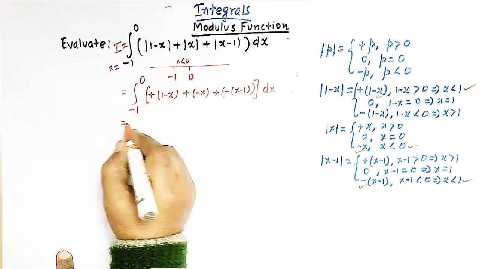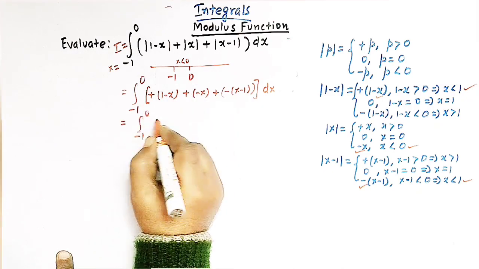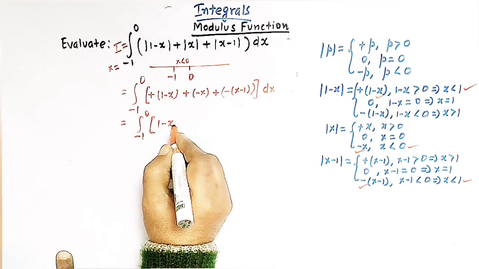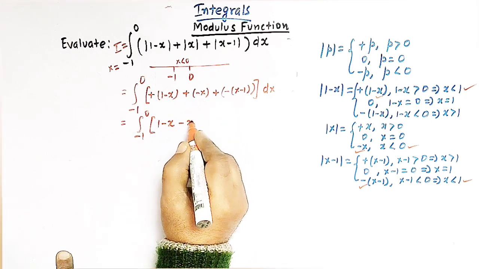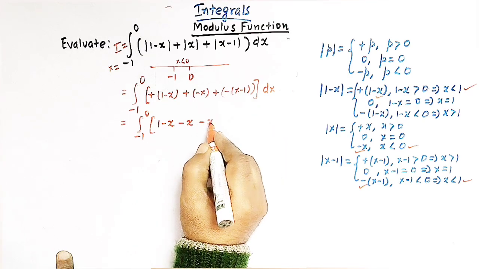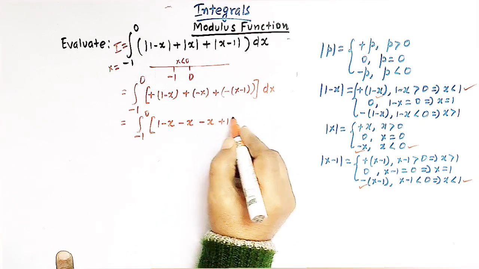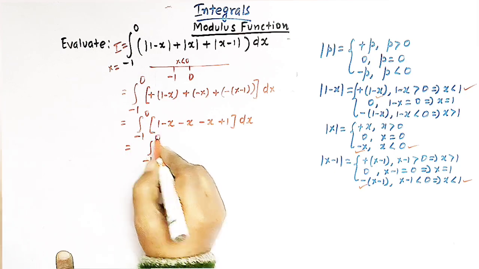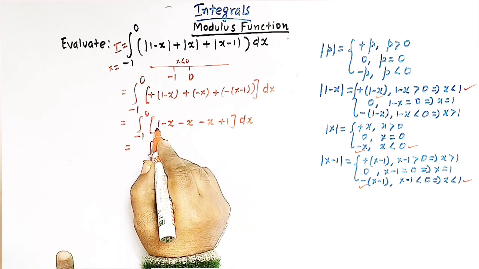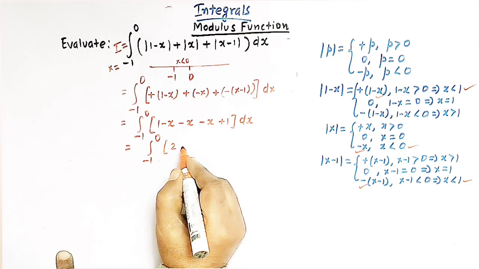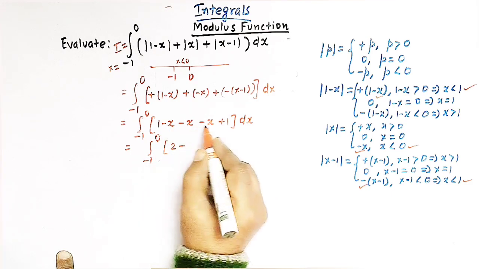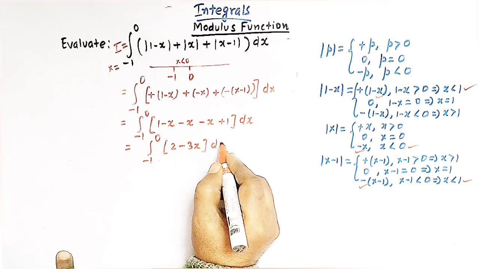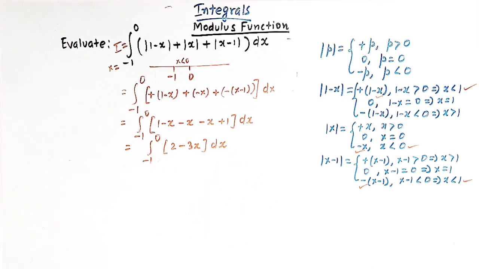So let us now simplify this expression. So we have here 1 minus x, here we have negative x, and here we have minus x, and then we have plus 1, right? Okay, so now we can write minus 1 to 0, and here we have 1 plus 1 is 2, and here minus x and minus x is minus 3x, and here we have dx.